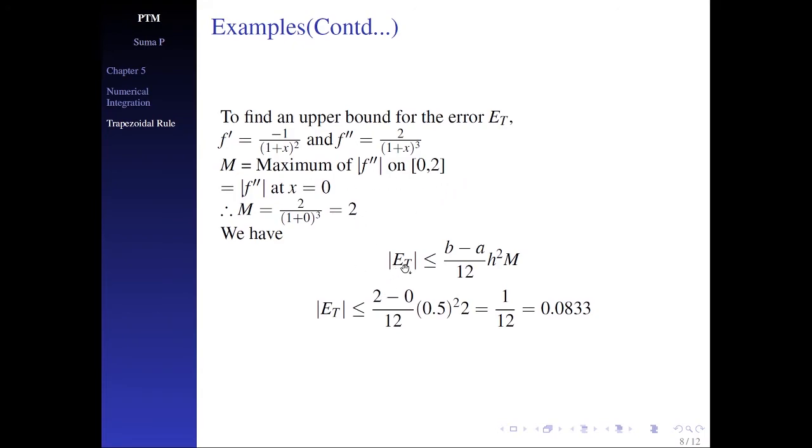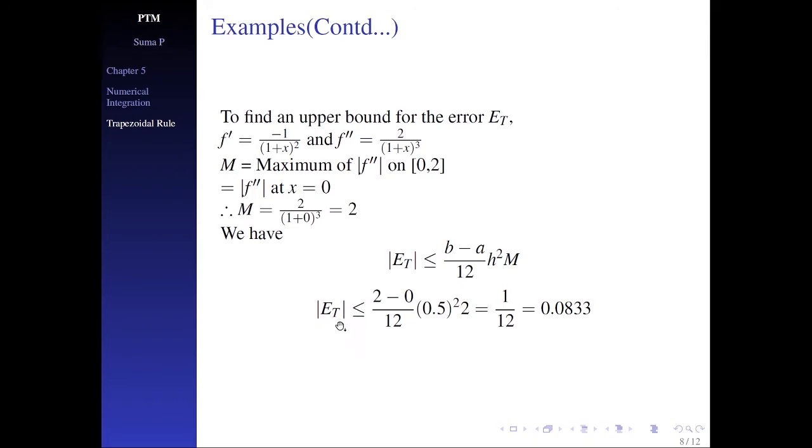And we have the formula, this ET. Modulus of ET is less than or equal to b minus a by 12 h square M. That means less than or equal to, b is 2, a is 0. So 2 minus 0 by 12, h is 0.5, 0.5 square and M we have 2. So substituting this, we get the value as 1 by 12 and that means 0.0833.